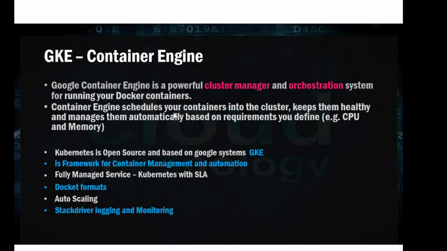Container Engine schedules your containers into the cluster, keeps them healthy, and manages them automatically based on requirements you define. Kubernetes is open source and based on Google's system. GKE is a framework for container management and automation. Right, it supports auto scaling. Stackdriver is used for monitoring.